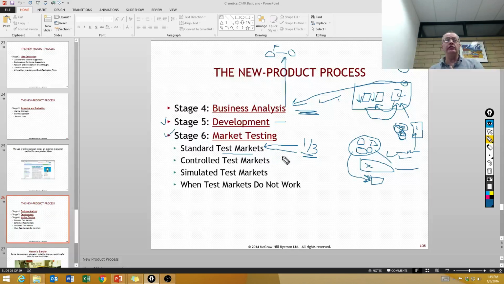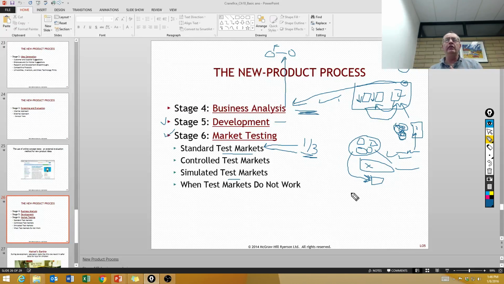Okay, and then there's some other ways we can conduct test marketing rather than using real markets. Sometimes we can use simulated markets. And the book also mentions virtual test marketing.